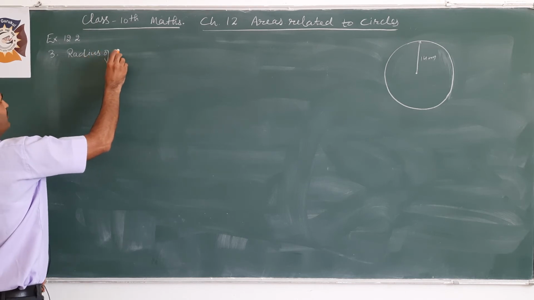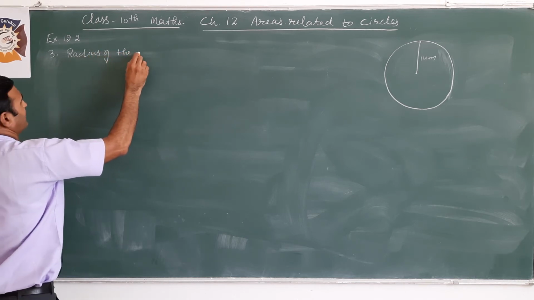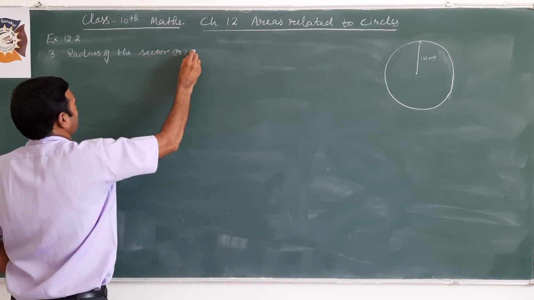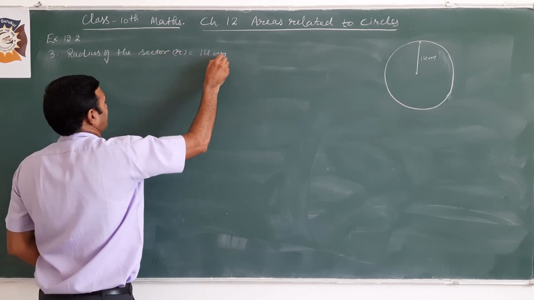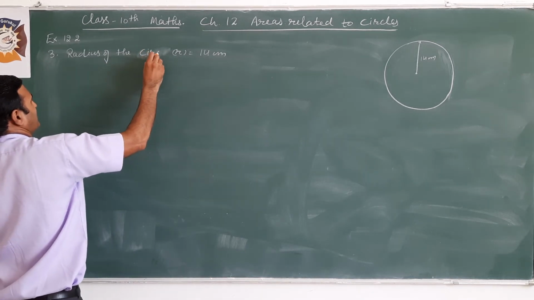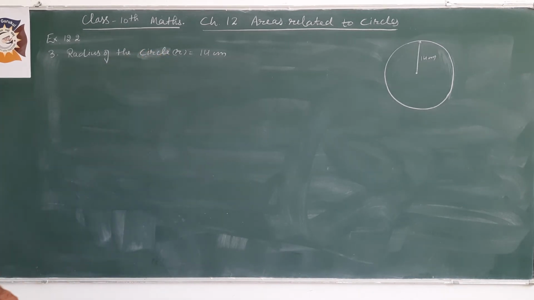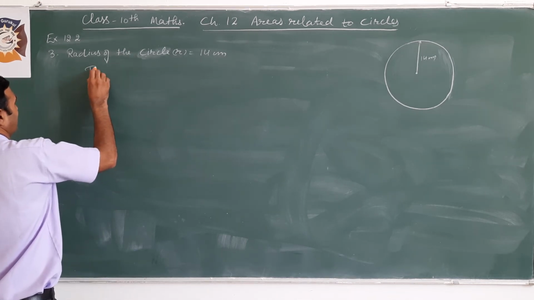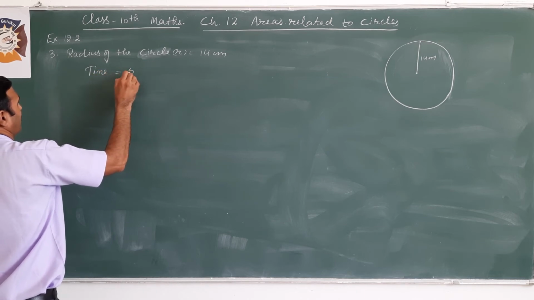Radius of the sector or circle R is 14 centimeter. This is a part of the circle also, so we can write circle. Find the area swept by the minute hand in 5 minutes. Time is given, 5 minutes.